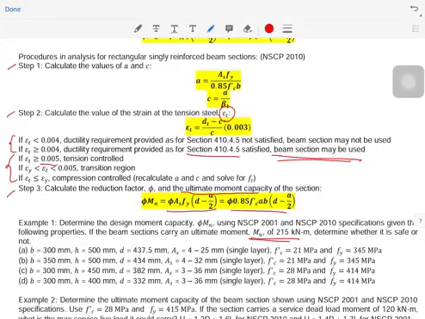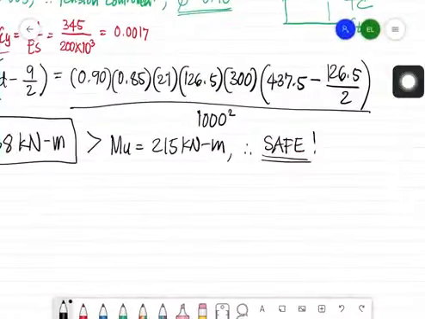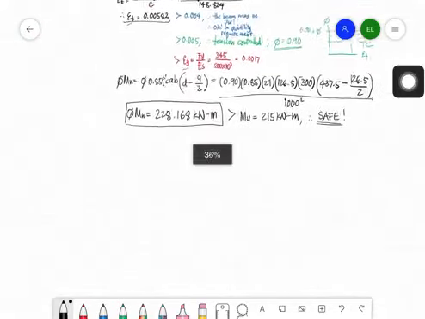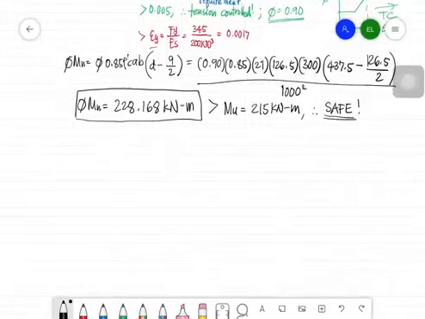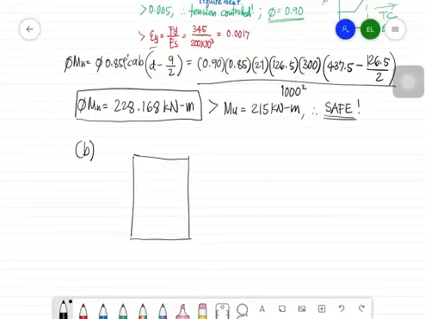Now let's proceed to letter B. The width is 350 mm, the height is 500 mm, d is 434, As is 432 mm, single layer, with the same f'c and fy as problem A. Let me draw that again for our solution. So this is our beam now.